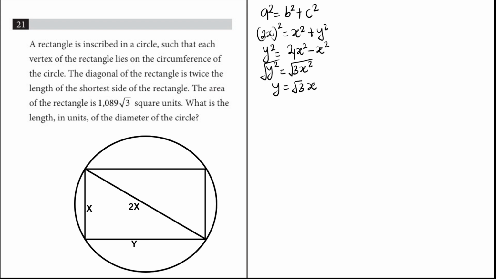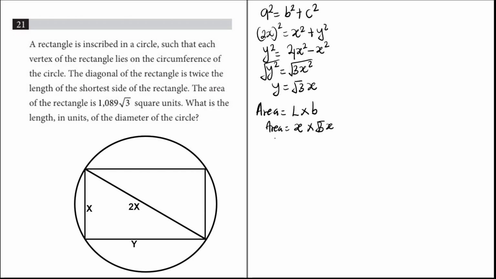Now remember they say that the area of this rectangle is 1089 root 3. So the formula to find the area of a rectangle is length times breadth. So we now have area is equal to x times root 3 x.